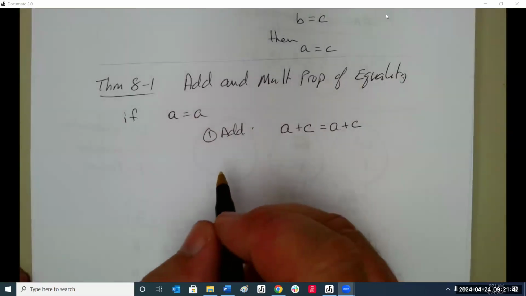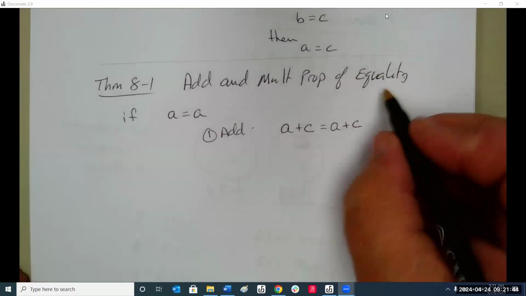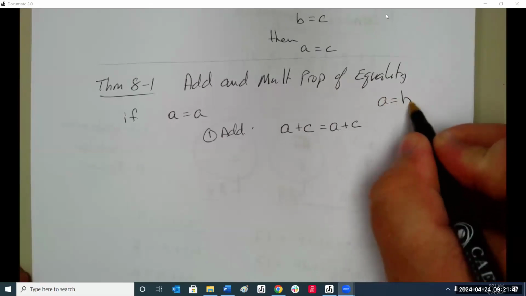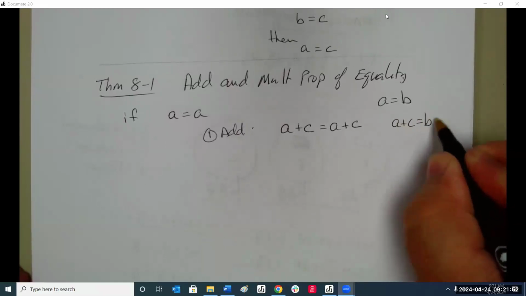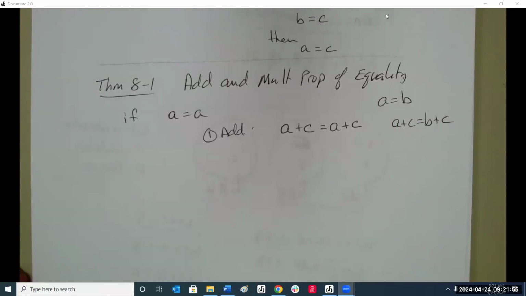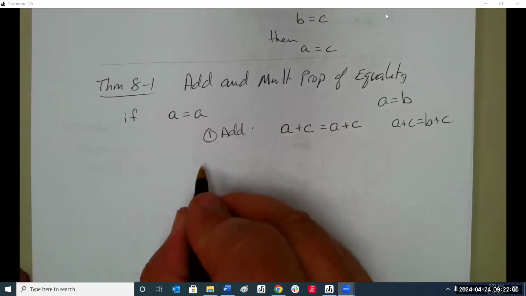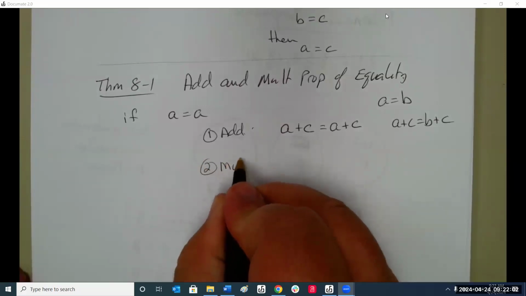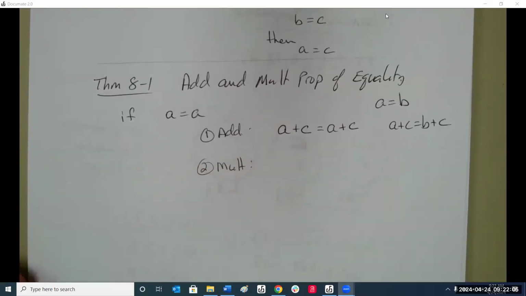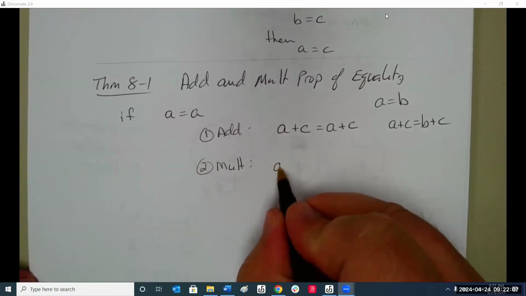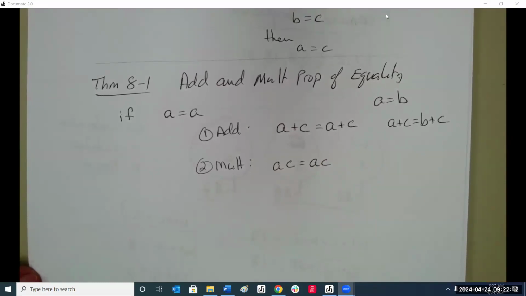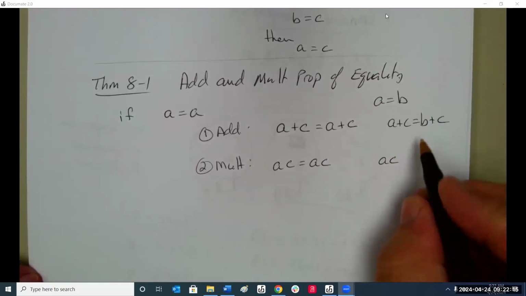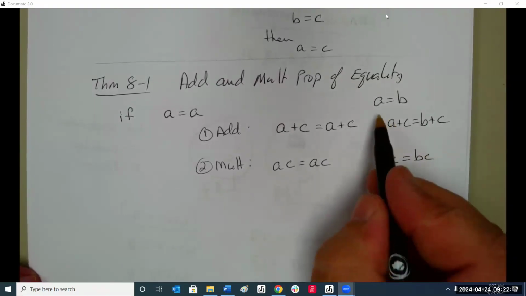Or even more difficult to see, if A equals B, then A plus C is B plus C. A times C is A times C. That's easy to see. A times C is the same thing as B times C if A equals B.